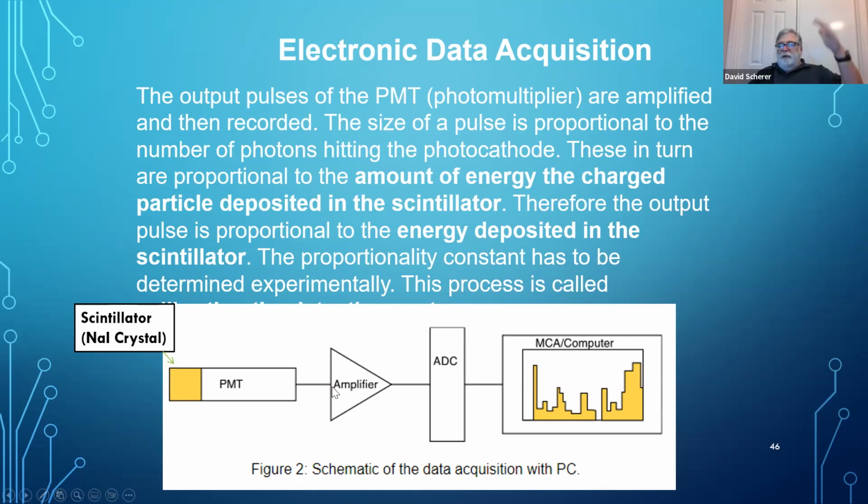The signal can then be sent to an analog to digital converter, so that the voltage height of that signal can be digitized, and we can get a record of the distribution of pulse heights coming out of the detector. This can then be used to infer information about the radiation: what the energy of the radiation was, and how many there were at each level.